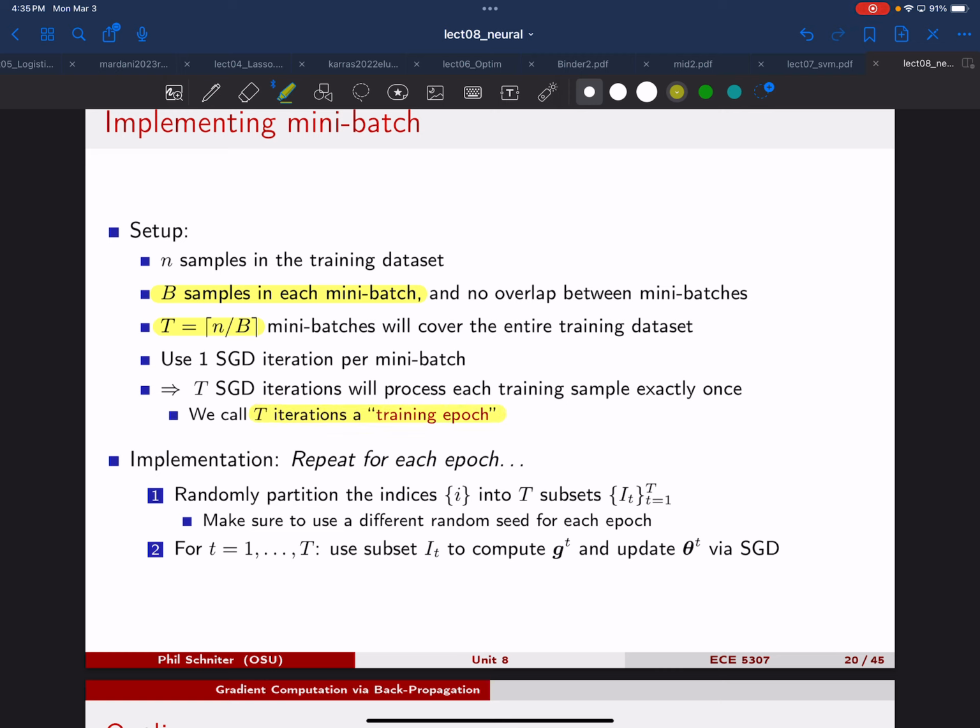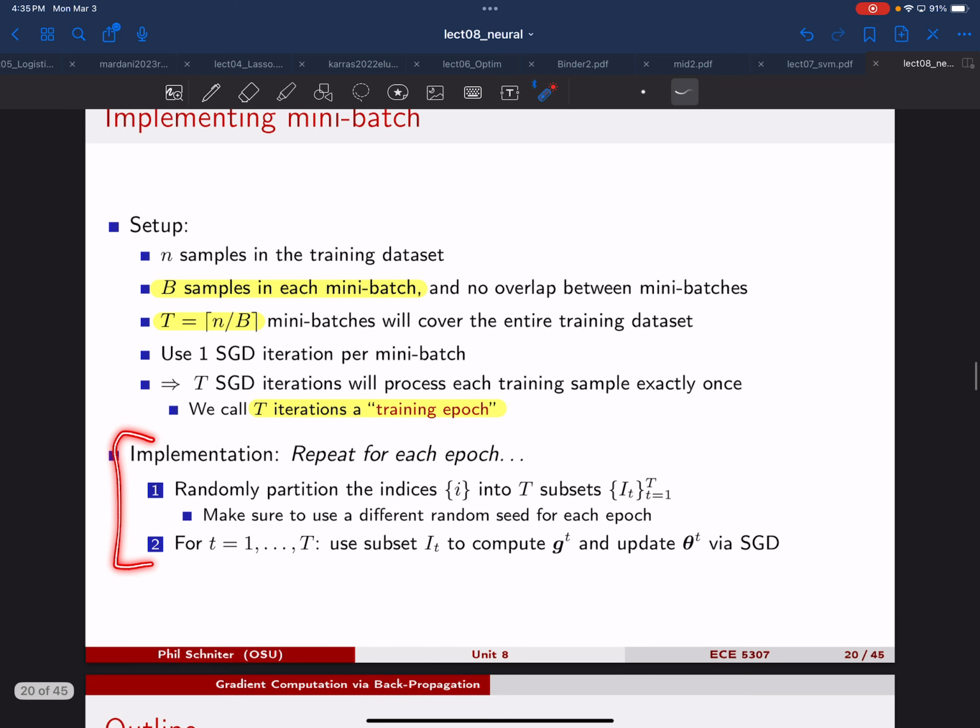And so basically at the end of the day, the algorithm is like this. You have an outer loop over epochs. And within that outer loop, you do two things. First, you randomly partition all your training indices into those T different mini batches.